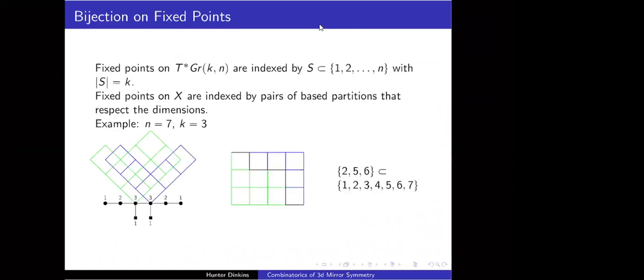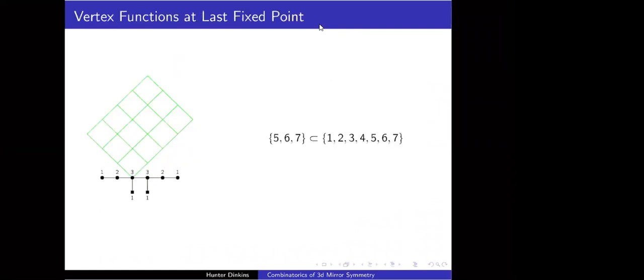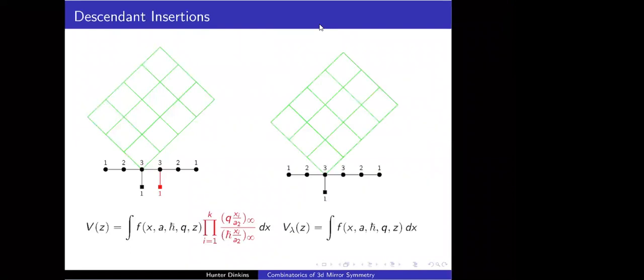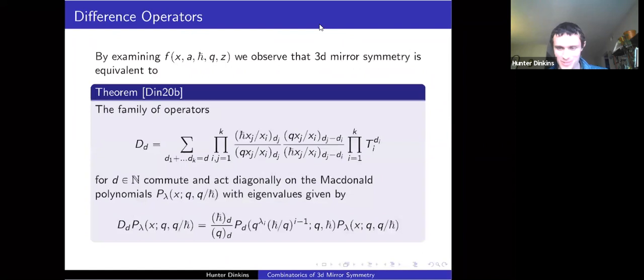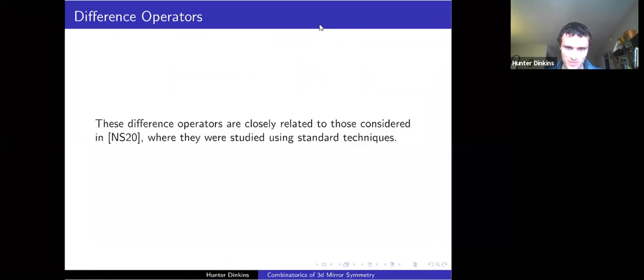I'm just excited you brought up Noumi and Shiraishi because I was going to ask, that formula looks really similar. Yeah, right. Their formula is very similar. It's a little bit different, but basically, if you start with their formula, you can work with it a little bit and reduce to these. So they studied some family of operators. They've had a paper in circulation since 2012.